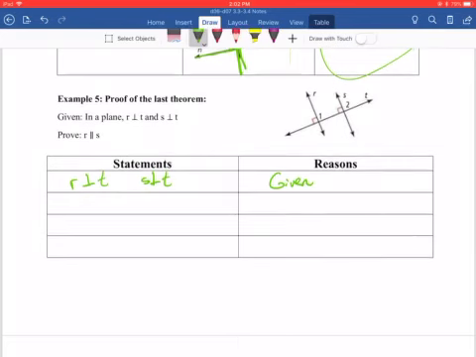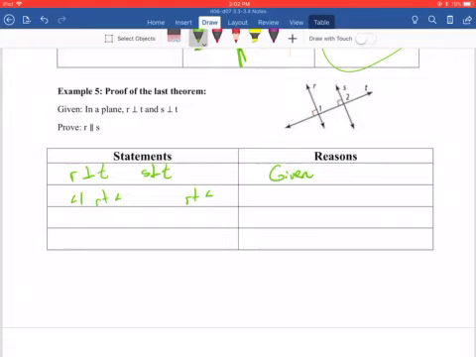So this one gives me a right angle, and this one gives me a right angle. Which angle in the picture is a right angle because of R being perpendicular to T? Angle 1. Agree?